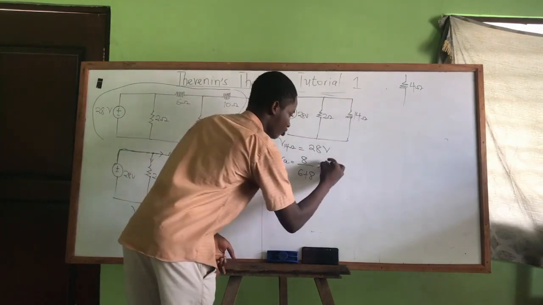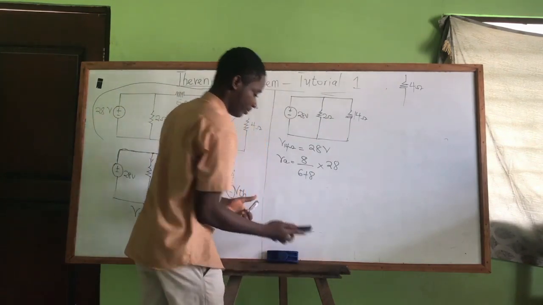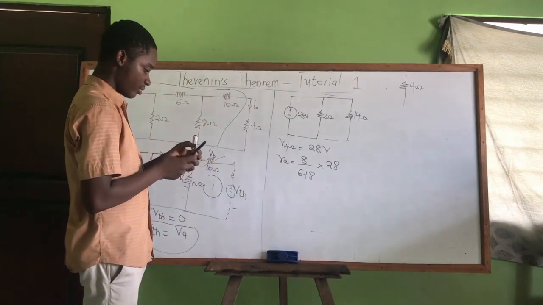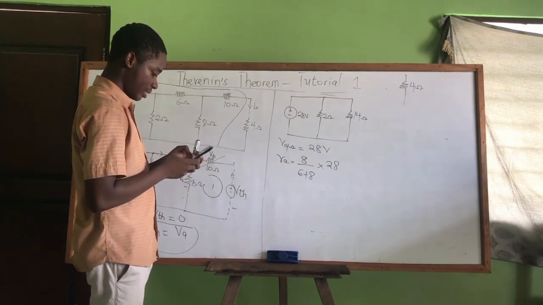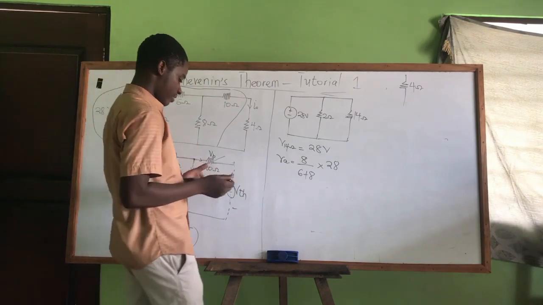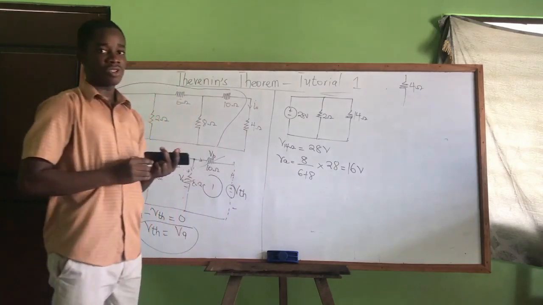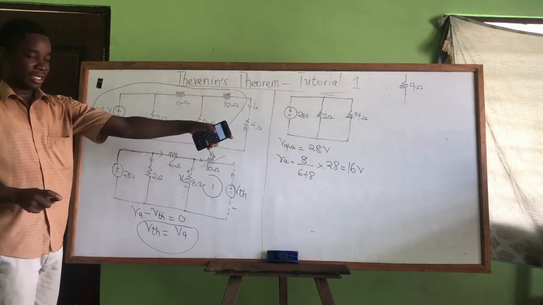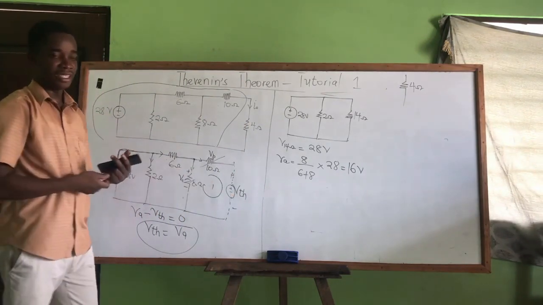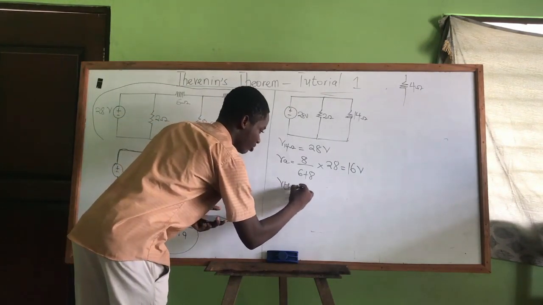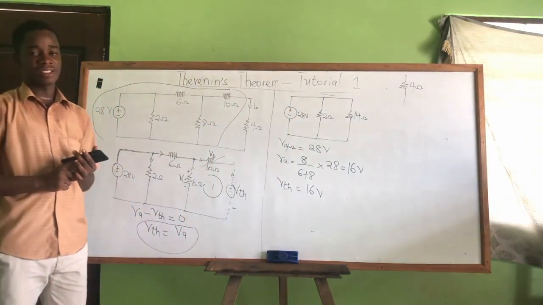And that one is 28. So I have 8 over 6 plus 8 times 28, which is giving us 16 volts. So the voltage across the 8 ohms is 16 volts, and we deduce that VA is the same as our VTH. So now it means my VTH is also 16 volts. That's the first thing you have to do.